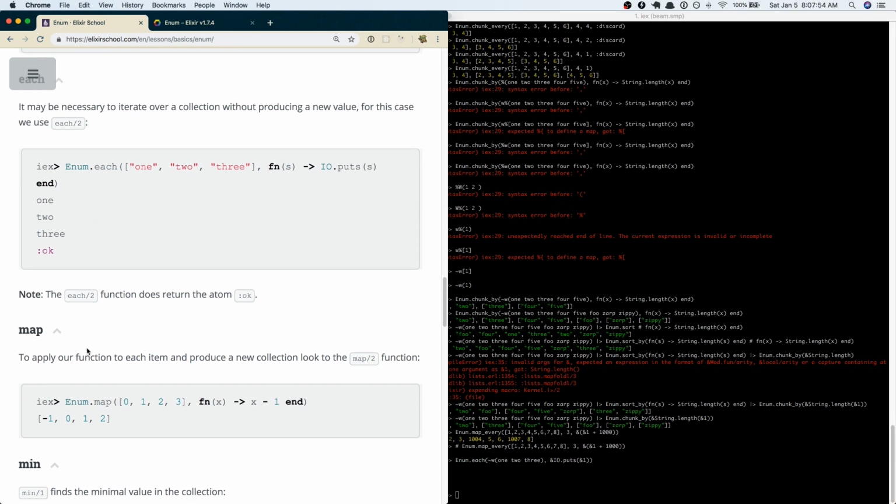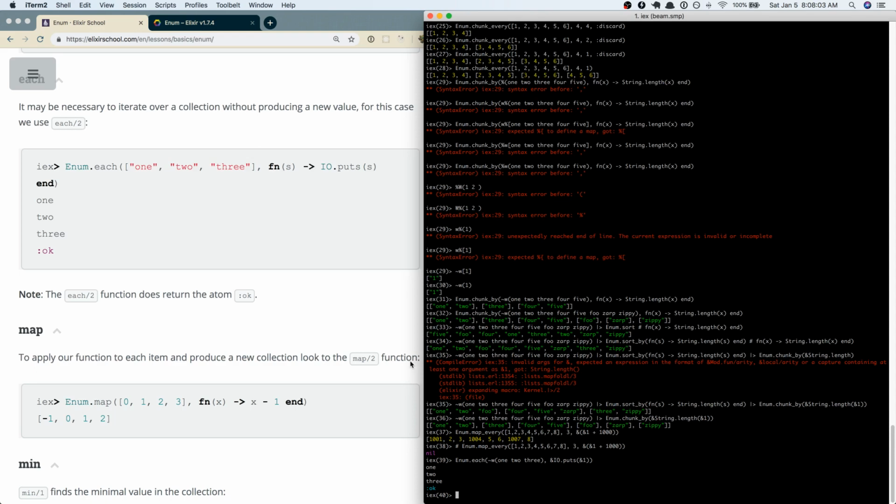To apply our function to each item and produce a new collection, use the map function.